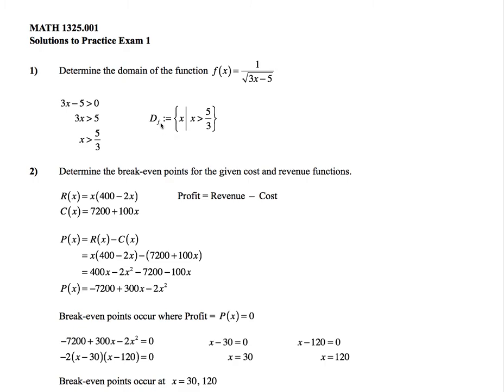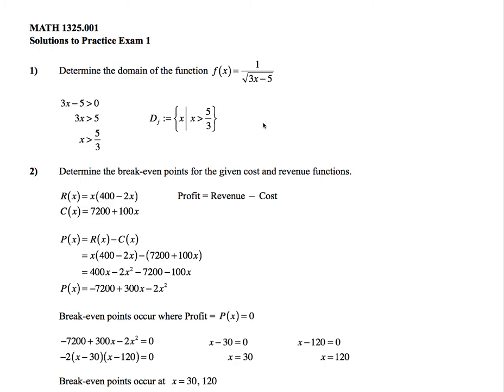But this reads, the domain of f is defined to be the set of all x such that x is greater than 5/3. So that's the domain of this function.